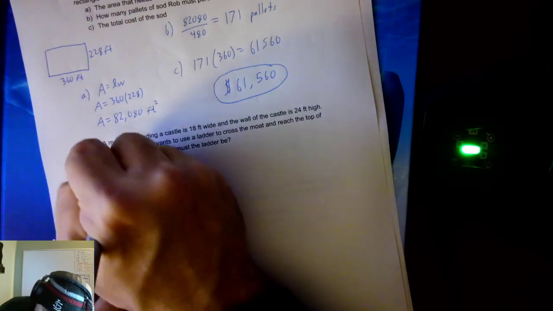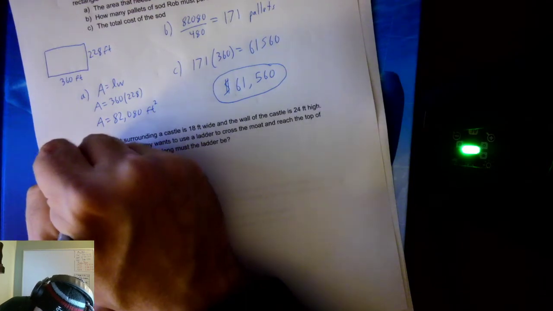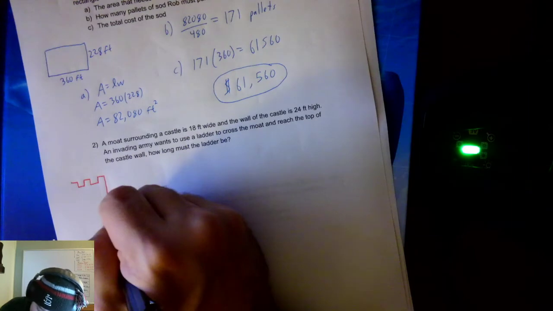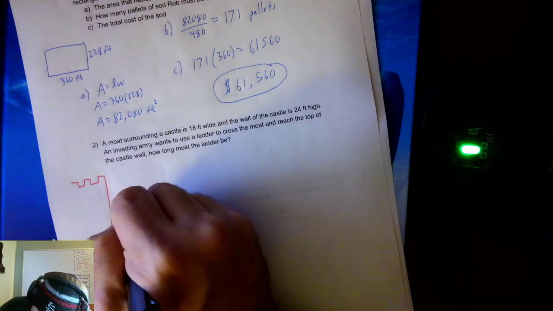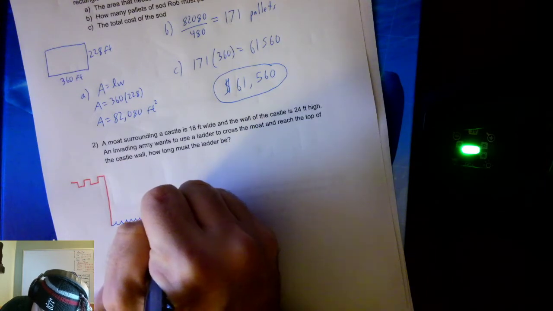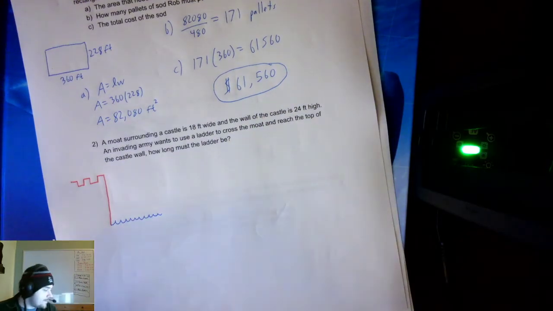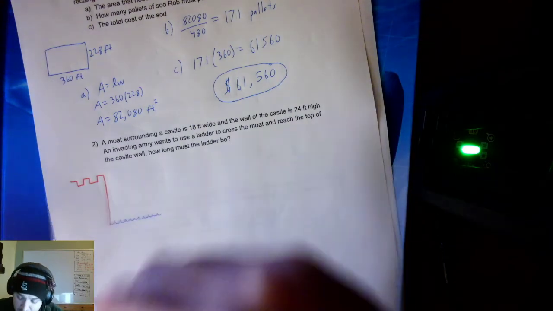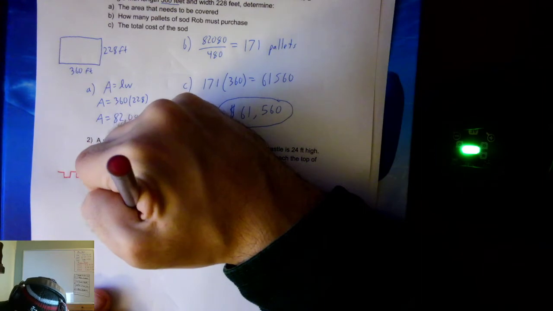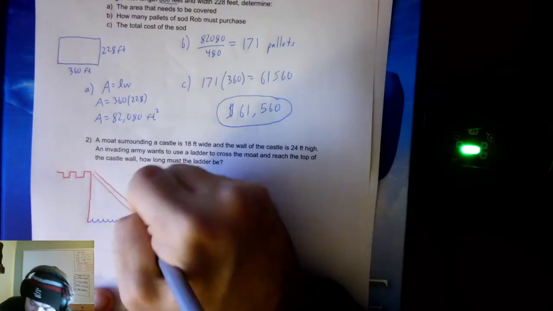I'm going to draw a castle. I'm just going to give a quick little sketch. There's my castle wall, right? Next to that castle wall, it says is a moat. I'll use the blue pen because it's water. There's my moat next to my castle wall, right? And my invading army wants to place a ladder from the edge of the moat up to the top of the castle, right?